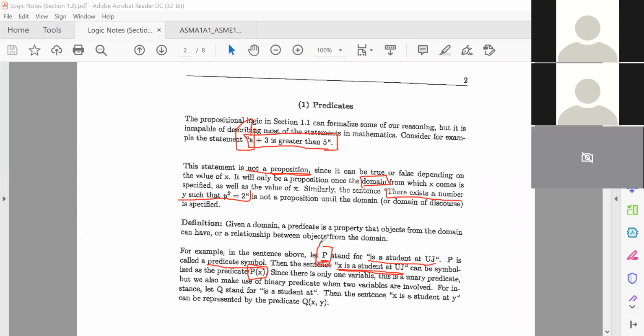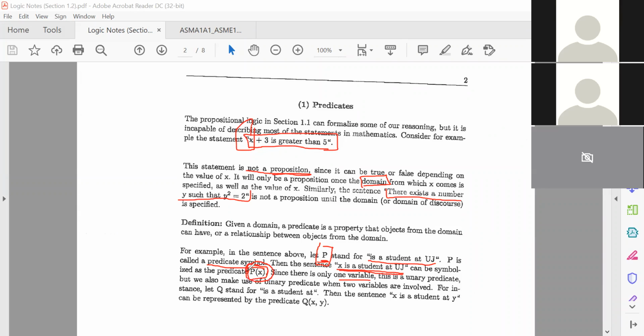And please use a capital P to differentiate between higher level logic and lower level logic. For predicates, we use capital letters. For lower level logic, we use small letters. Now, there's only one variable, which is x, in P of x.